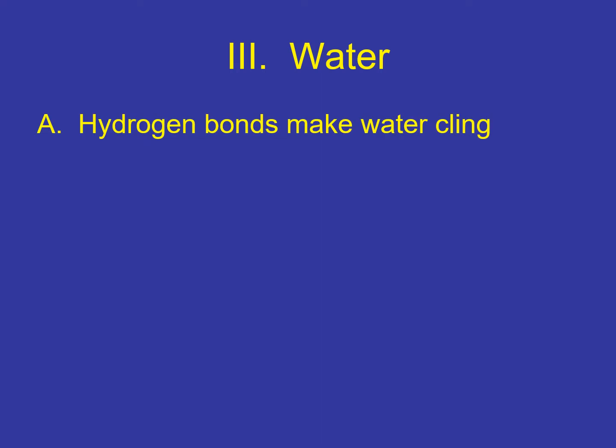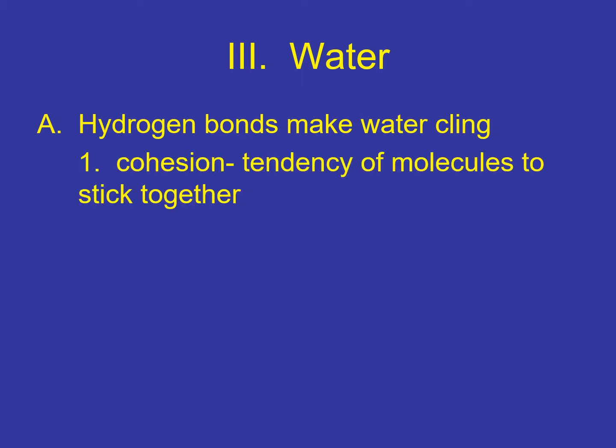One of these interesting properties is that the hydrogen bonding between neighboring water molecules causes it to be a very clingy substance. And there are some specific emergent properties relating to this clinginess. And one of them is cohesion.